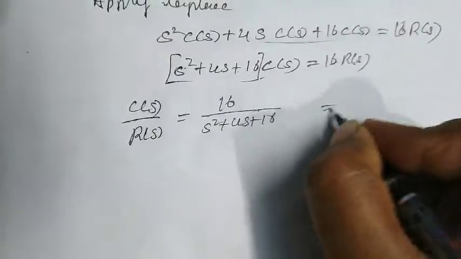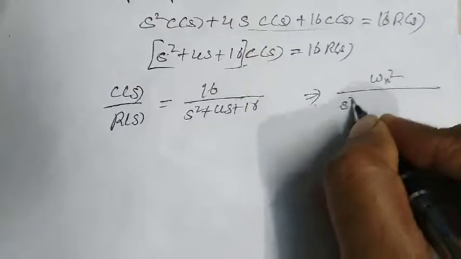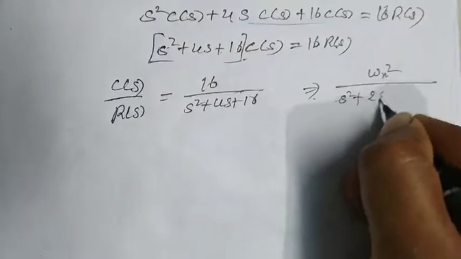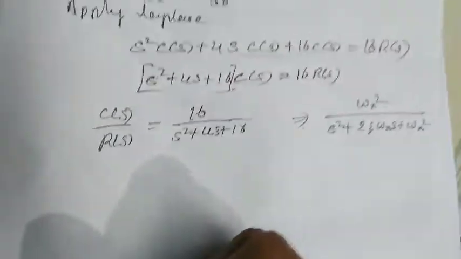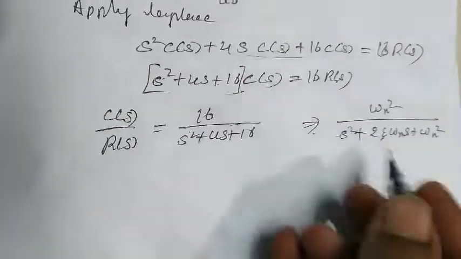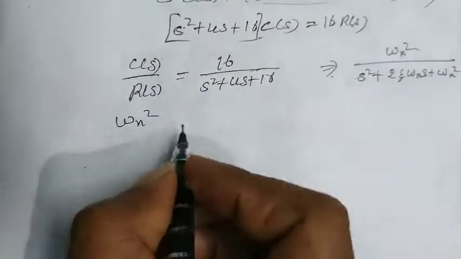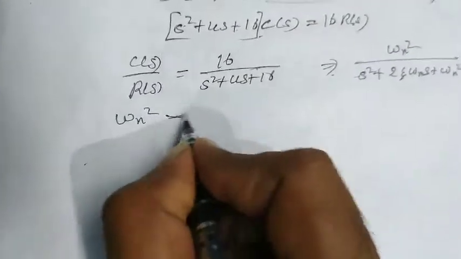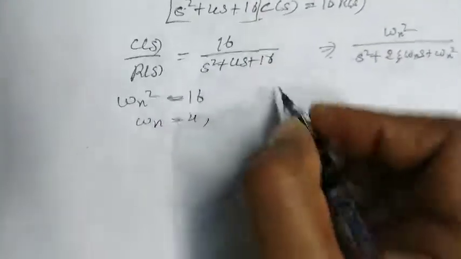I'll compare this with the standard form of a second order system, which is omega n square by s square plus 2 zeta omega n s plus omega n square. So comparing with this, I'll get omega n square, natural frequency of oscillations, as 16, from where omega n is equal to 4.